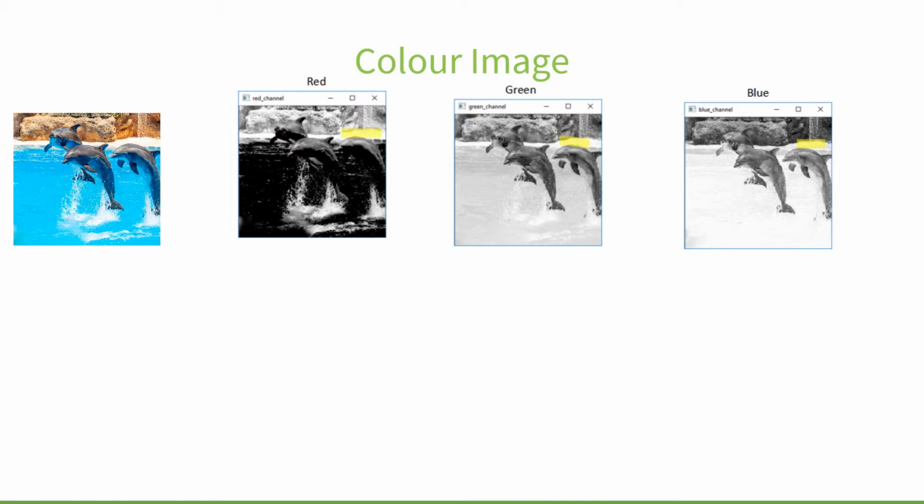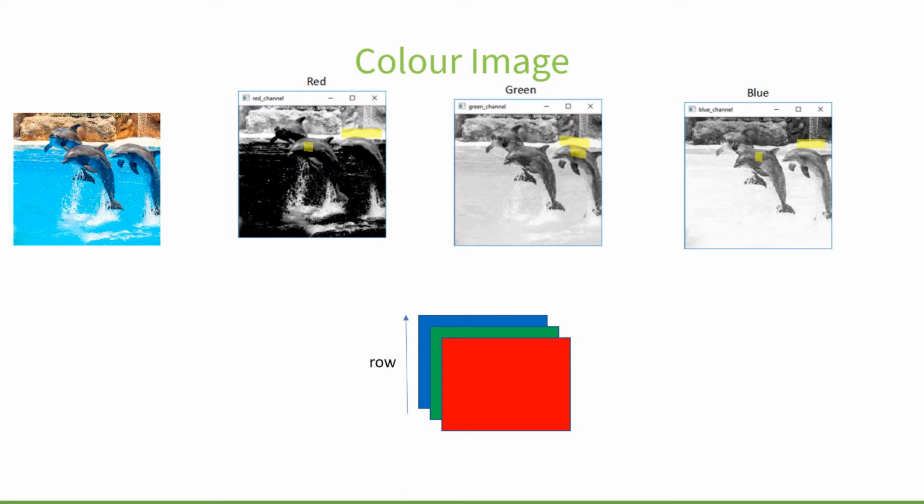And you can see the dolphin area is black because there is no red, no green and no blue component. So a color image is represented by 3 channels, red, green and blue, and it has 3 dimensions: one is row, another is column, and another is channel.